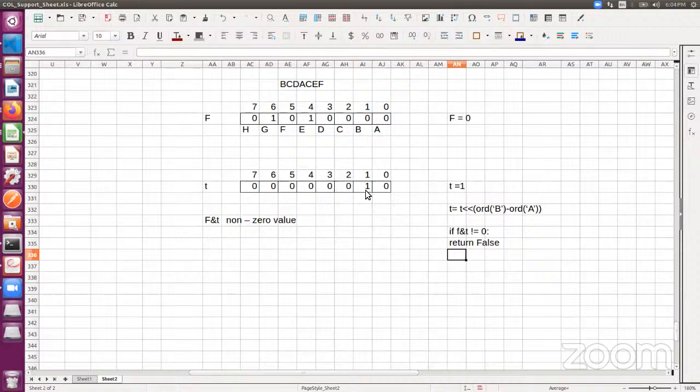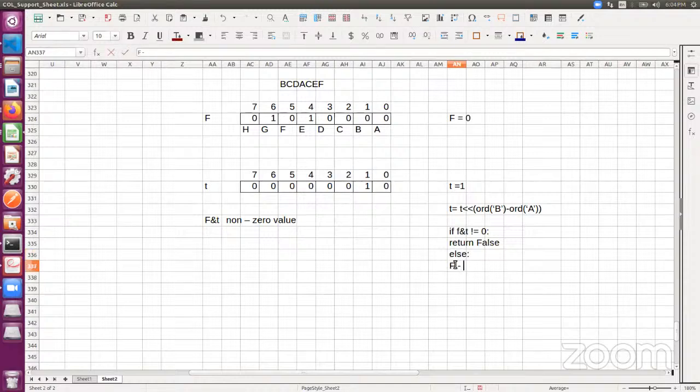Now I want to make this particular character set here also. Now which operator do you use? OR. Yeah, very good. Without affecting the other characters, we want to make this particular character alone set, which means you have to use an OR operation. Else, F is equal to F OR T.